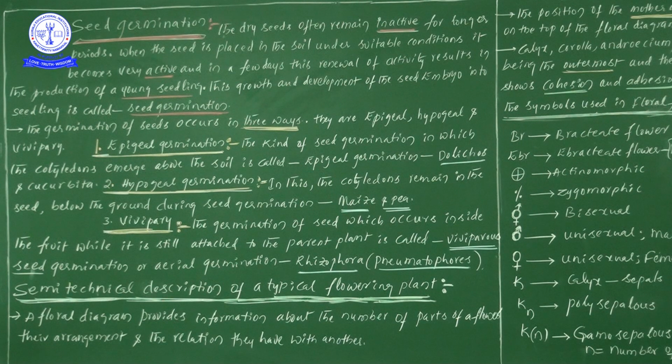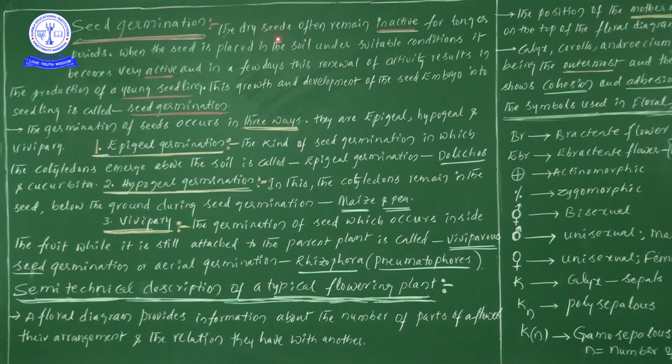One point I actually have to give in second year, but I will give it now so that you save it in your mind. For storage, seeds must maintain some moisture content, around 10 to 12% or 10 to 15%.